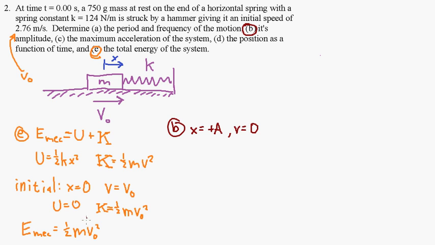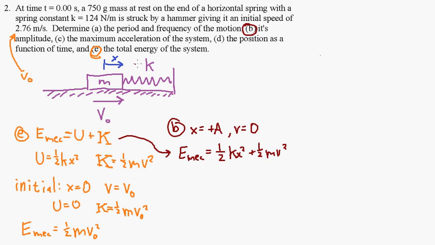So we can solve this with energy again, by taking E mech equals U plus K, which is 1/2 kx squared plus 1/2 mv squared. We know that already.